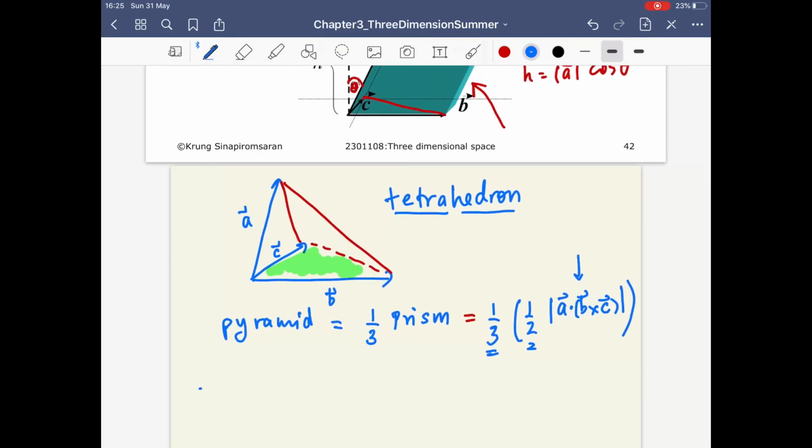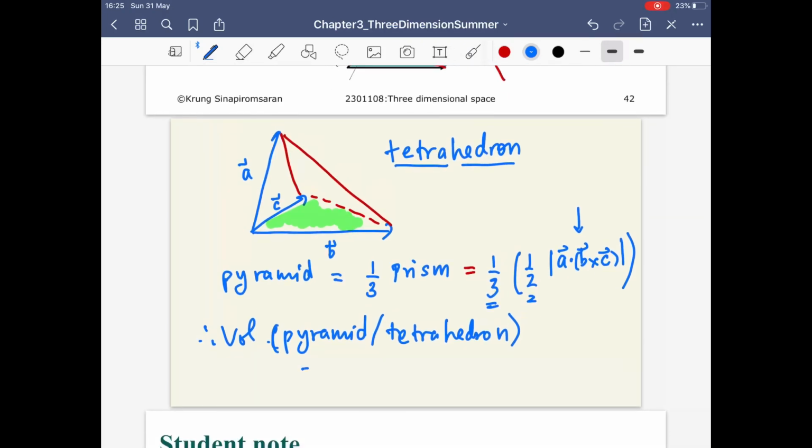So the volume of a pyramid or a tetrahedron determined by the A, the B, and the C will be 1/6 of the scalar triple product between them.